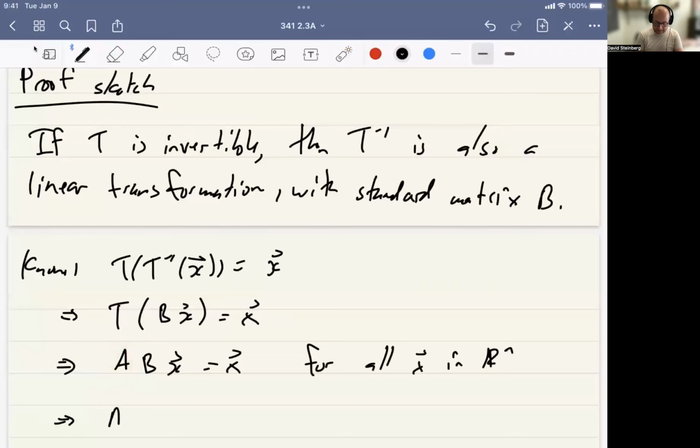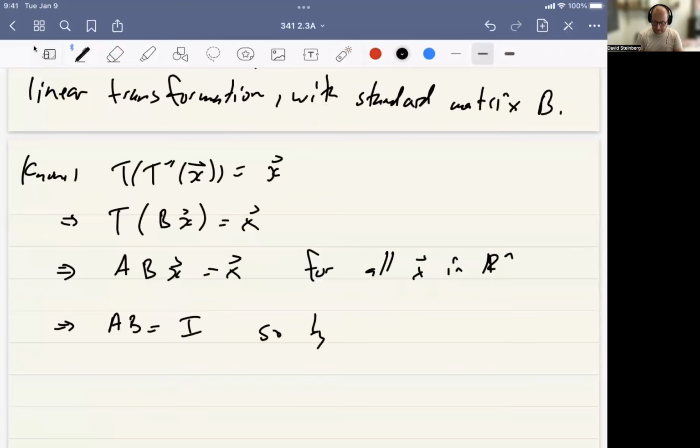And so we get that AB is actually equal to the identity matrix. And so by the IMT, A is invertible, because all we need is a single inverse on one side, and the whole thing is invertible.